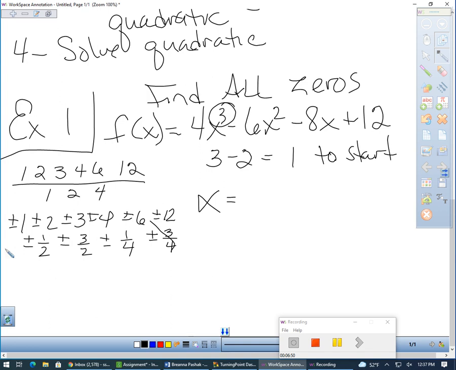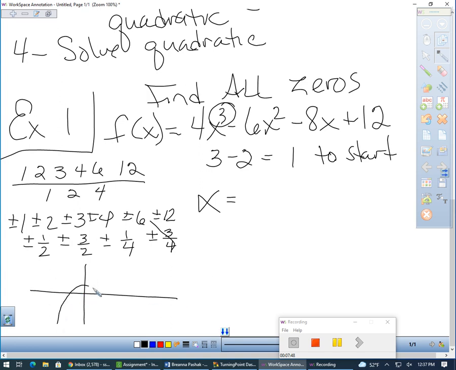Let me graph it really quick so I catch up with all you guys. All right, so when you graph it, right, it looks like this.